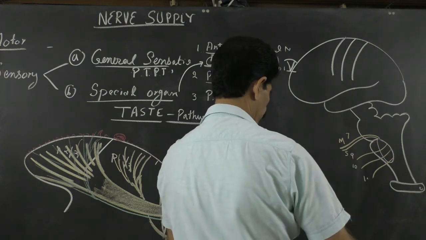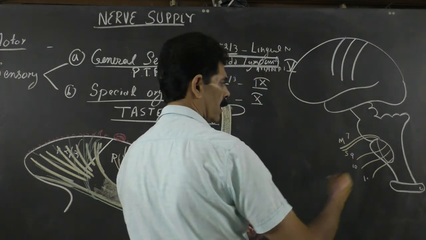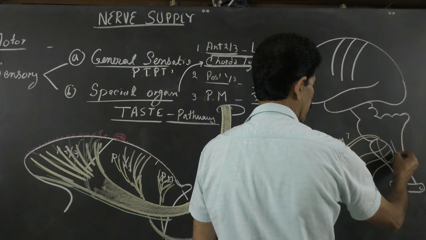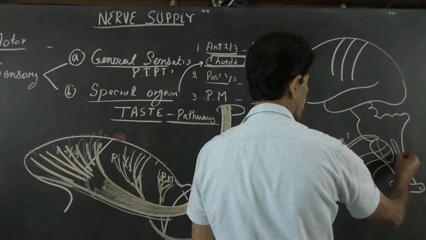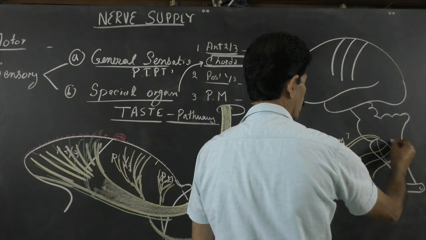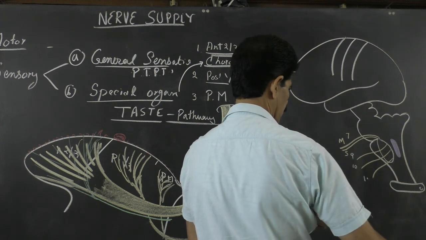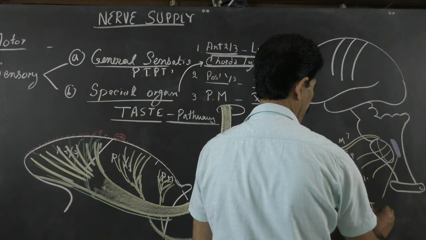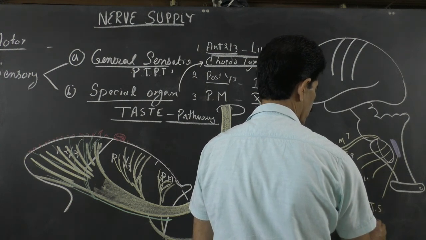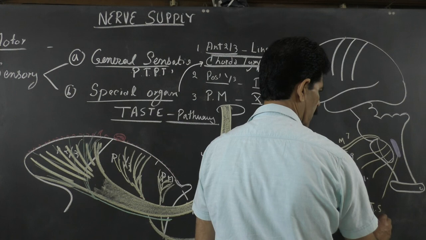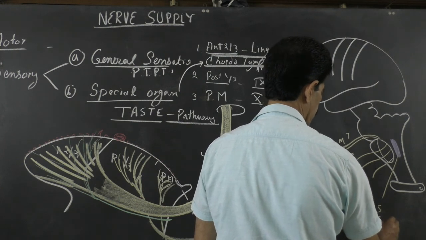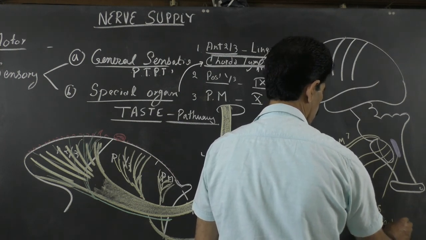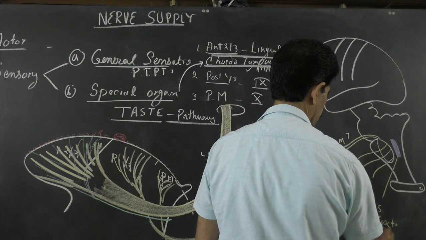Deep inside the medulla there is a taste nucleus. This taste nucleus is called NTS, that is the nucleus tractus solitarius.